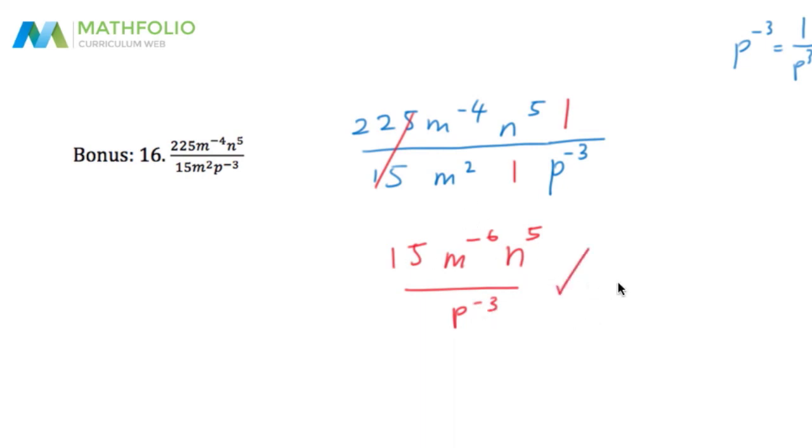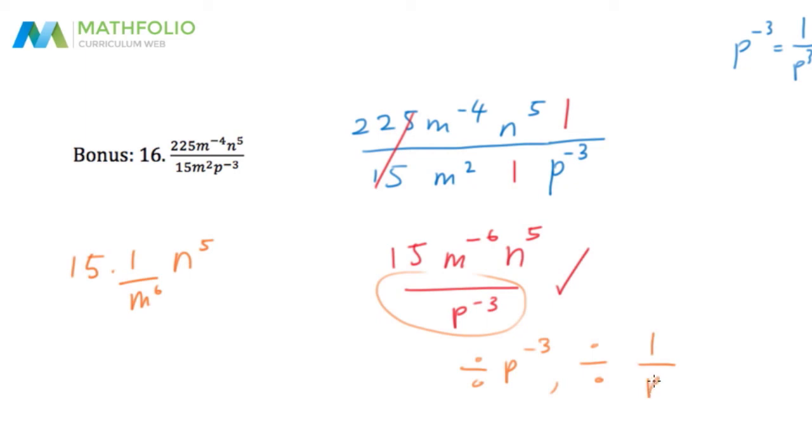This is a good answer so far, but because this m is to the negative 6, we could also, let me just switch colors for a second, I'm going to go to orange. We could write this as 15 times, now m to the negative 6 is really 1 over m to the 6. N to the 5th would stay on top. Now, because we are dividing, that's what we're doing right here, we are dividing by p to the negative third. And so really what we're doing is dividing by 1 over p cubed.